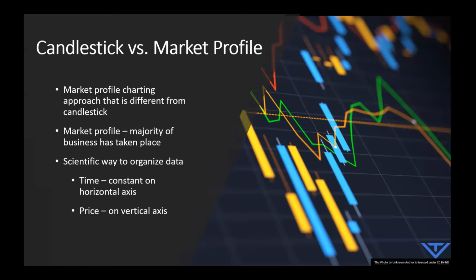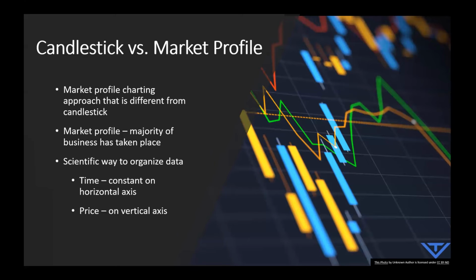But the market profile charting approach is different from the candlestick approach. See, market profile is looking at where the majority of the business is, where the majority of the shares are taking place. Most scientists, when they're analyzing data, analyze it on a bell curve type distribution, and it's the same thing with market profile.